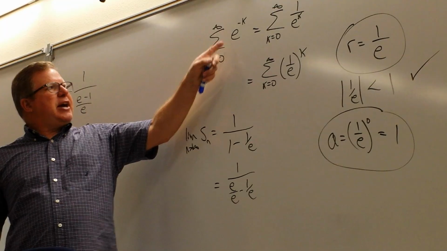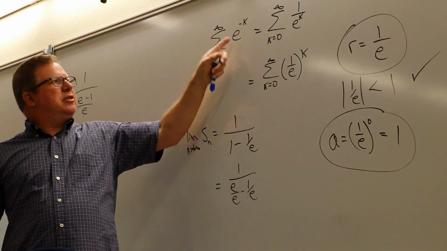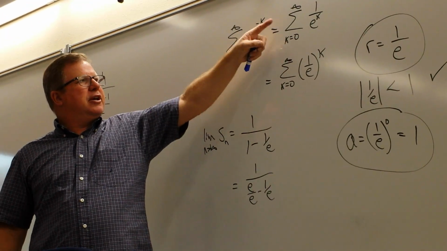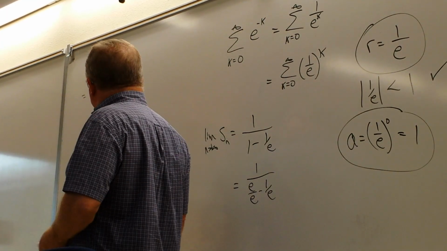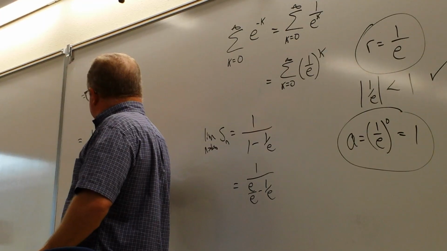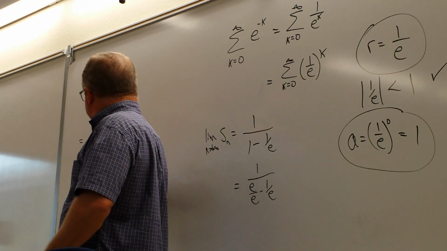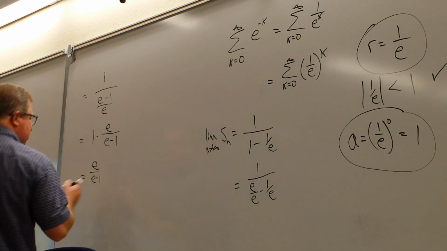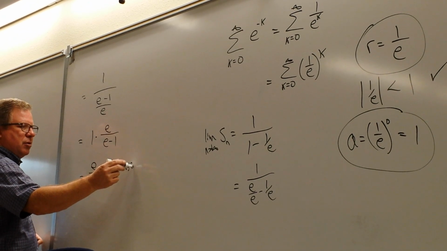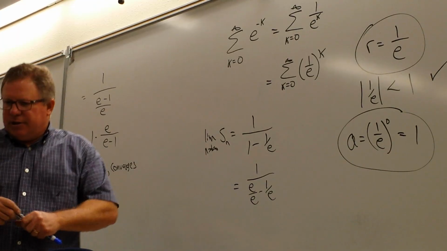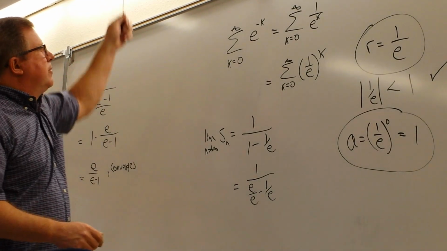If you carry this out to infinity, e to the negative 0 plus e to the negative 1 plus e to the negative 2, carry that out infinitely, the infinite sum, it converges to e over e minus 1. Converges. Let's look at this on decimals.